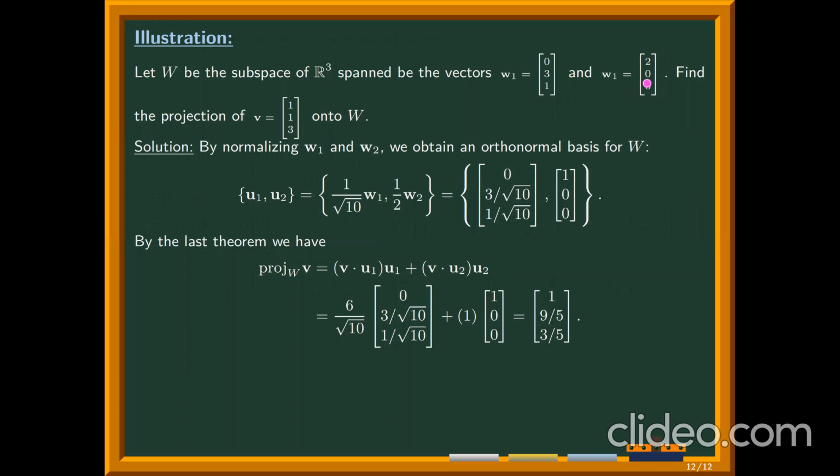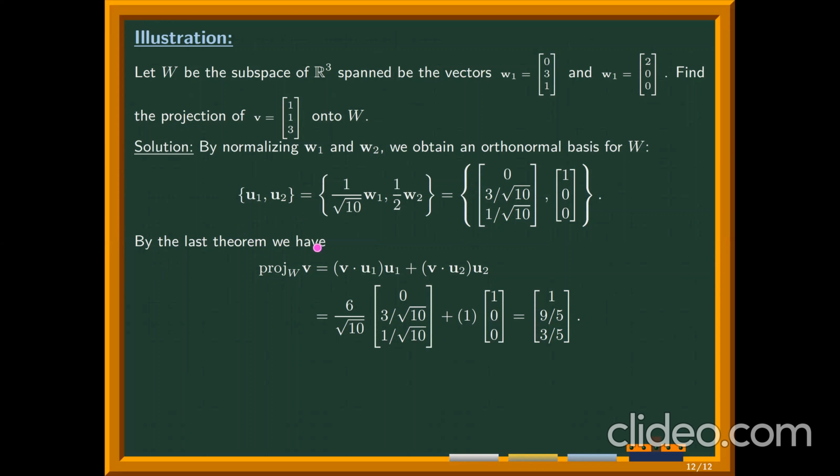On the other hand, (2, 0, 0) has length 2 with respect to the standard inner product. So the normalization for this vector is (1, 0, 0). So this is now an orthonormal basis for W.